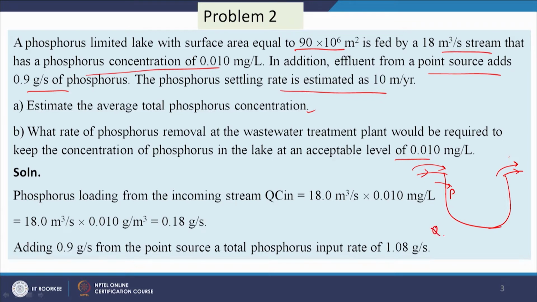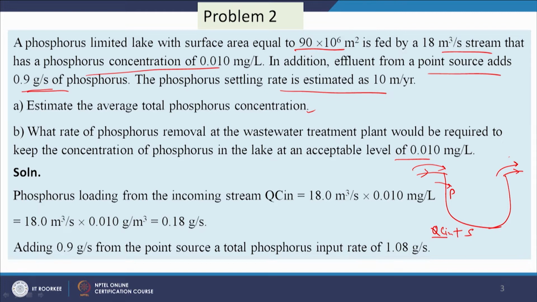Sum of input we can say here: Q is the flow rate and C in is the concentration of phosphorus here, and another source we are getting, that we have to calculate. It is already given as 0.9 gram per second. So, this is also in mass units, so we can directly put S corresponding to the phosphorus.